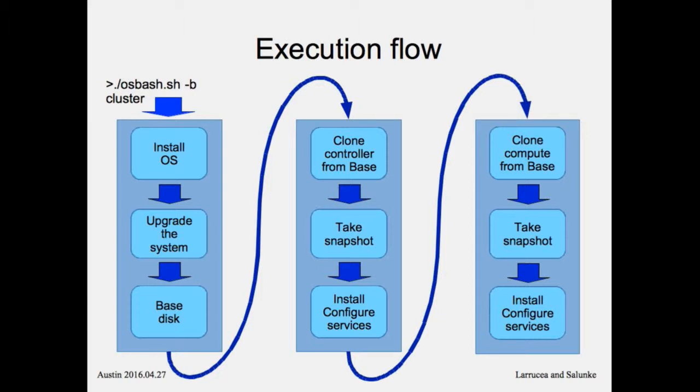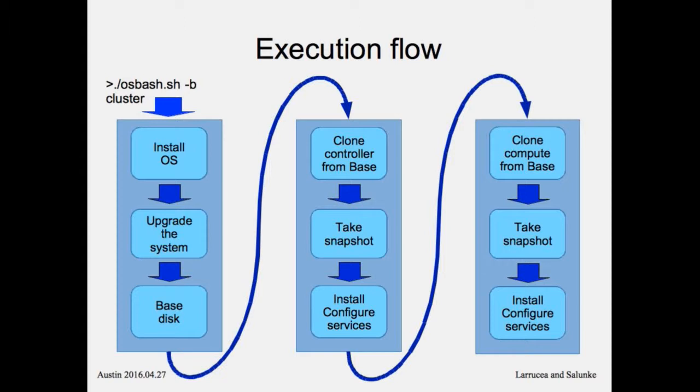Once you start running the scripts, it installs the operating system. It fetches the images, and we have been supporting Ubuntu for a long time. It's very stable. We have initial work done for openSUSE and CentOS, and we are trying to be vendor neutral, operating system neutral, and install the operating system in the first phase.